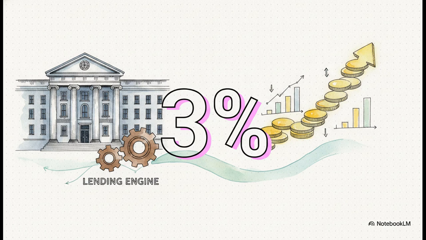Let's say you're analyzing a massive public sector giant, and you see a net interest margin of just 3%. At first glance, you might think, that sounds kind of low. But in reality, for that specific type of institution, a 3% margin is considered entirely healthy and normal. It means their massive, standardized lending engine is humming along exactly as it should be.